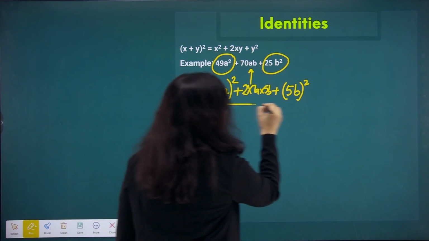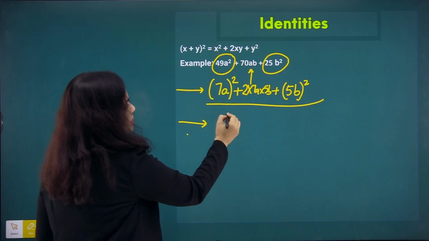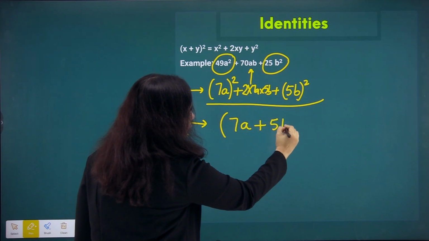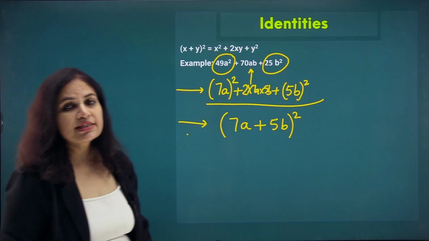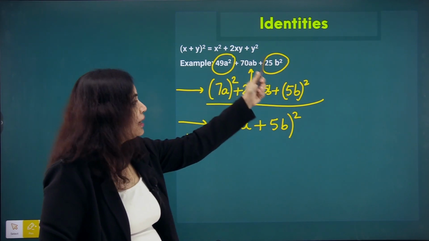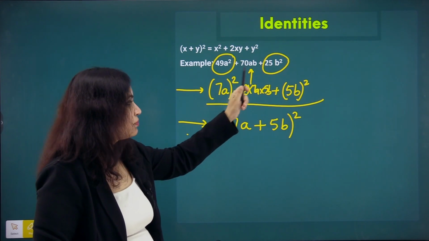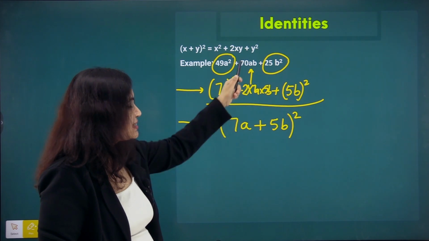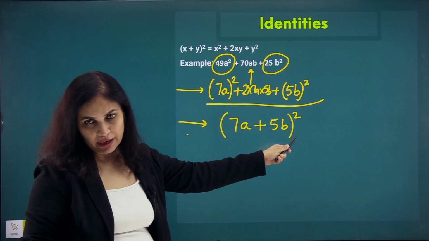So this entire thing can be written as (7a + 5b)², because my a² is (7a)² and b² is (5b)². That means x² is (7a)², y² is (5b)², and 2xy is the same as 70ab. So this completes the identity (x + y)².